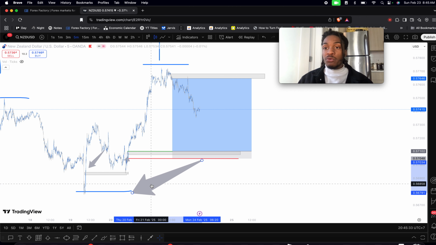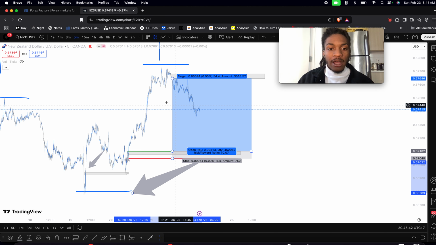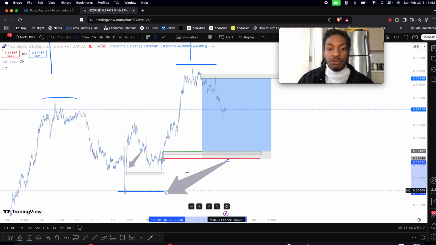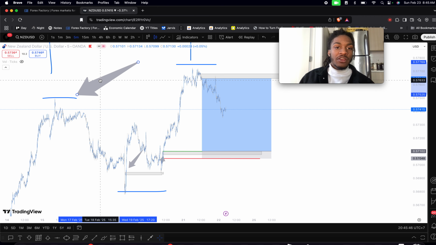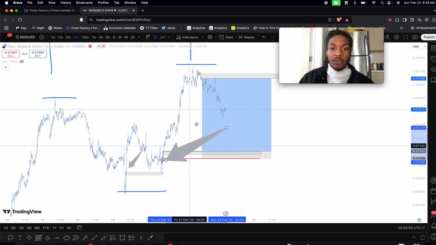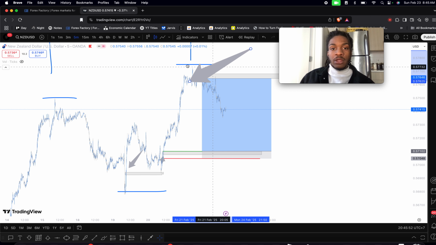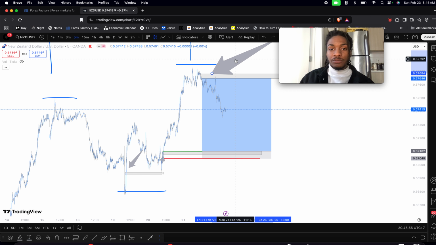Because when price moves through the news, price ranges, and those ranges break new highs and new lows. Right now, our previous all-time high was here, and because of the news, this price range broke and created a new high up here.